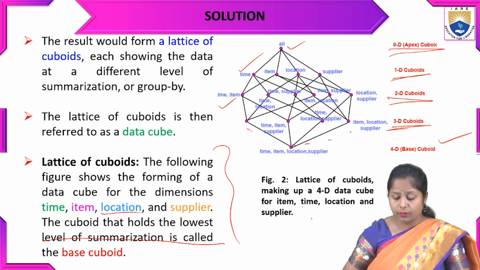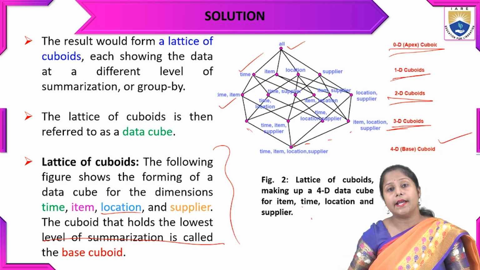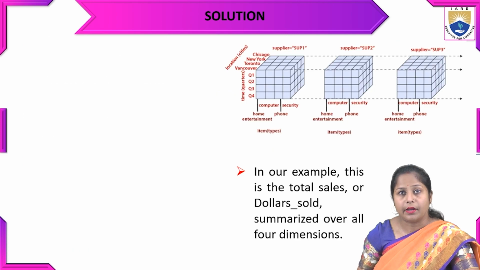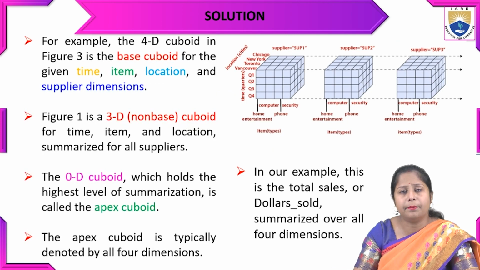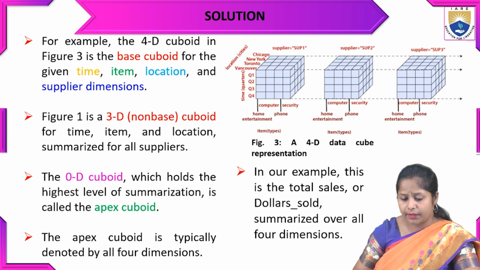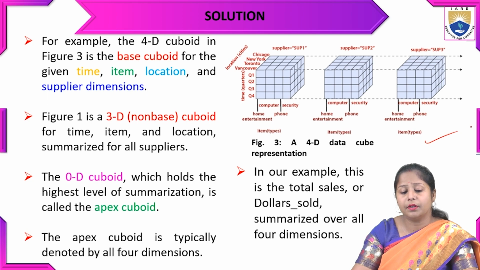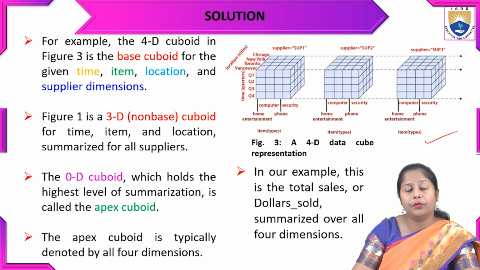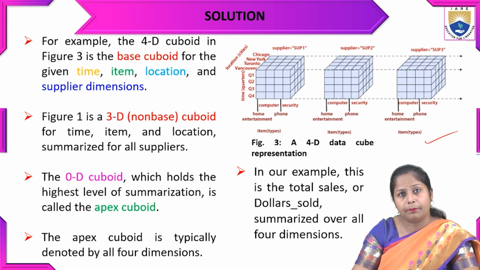There will not be any dimensions there. Now for example, the 4D cuboid in figure 3, in this figure on the right hand side we can see that this is the 4D cuboid of the 4 dimensions, that is time, item, location and supplier.